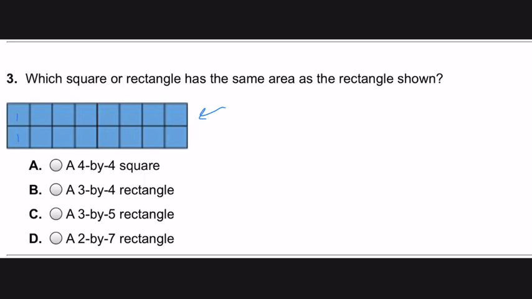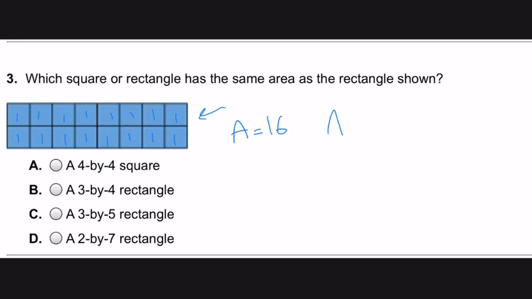1, 2, 3, 4, 5, 6, 7, 8, 9, 10, 11, 12, 13, 14, 15, 16. So the area of this rectangle is 16 square units. Or we can multiply.